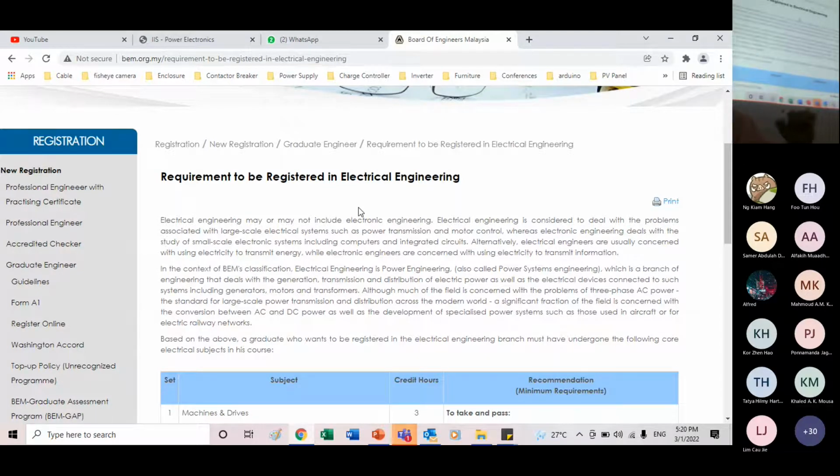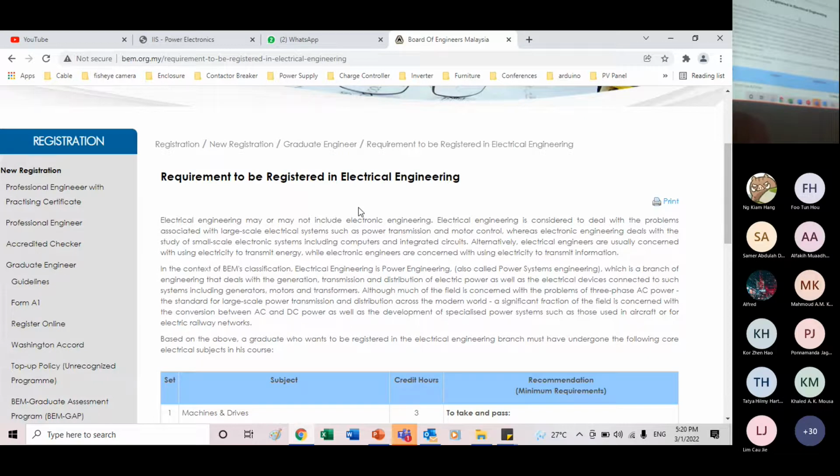But if you tick the E&E, I wish you good luck. If you register as, let's say, electronic, you can do electronic work, but cannot do electrical work. So it's a very, very clear disadvantage.